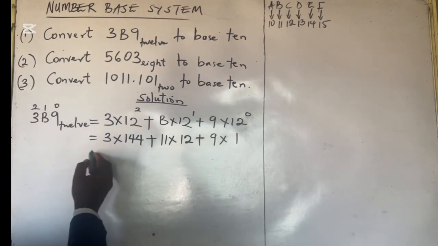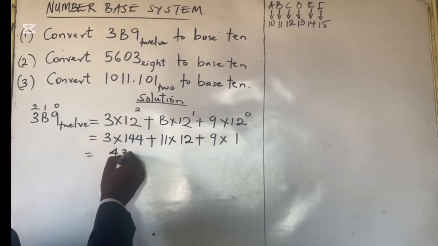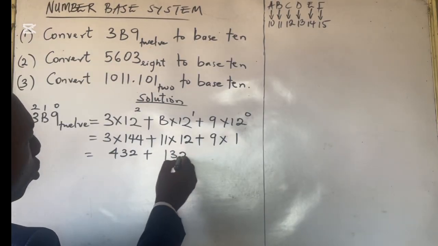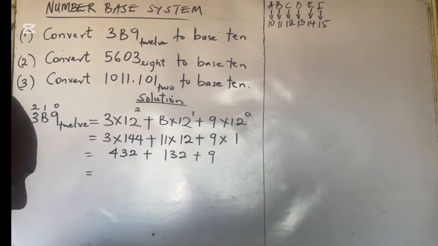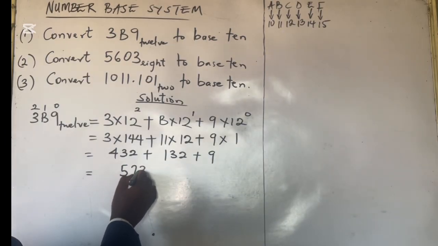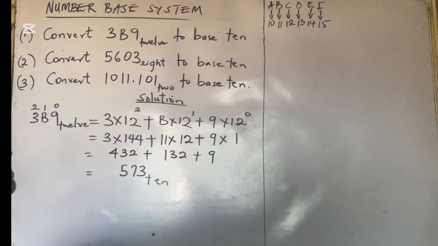So when we do everything, 3 times 144 gives you 432. We have 11 times 12, 132. Plus 9 times 1, 9. So we add up everything. We have 432 plus 132 plus 9. So we have 573 base 10. We are converting to base 10.